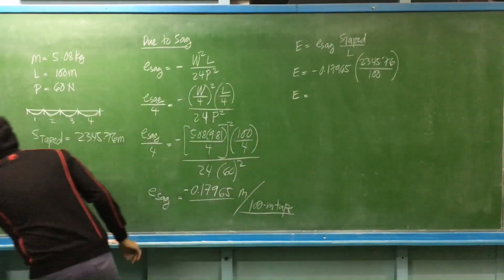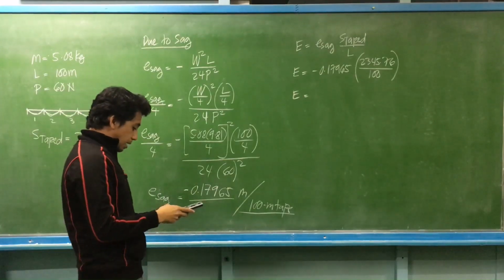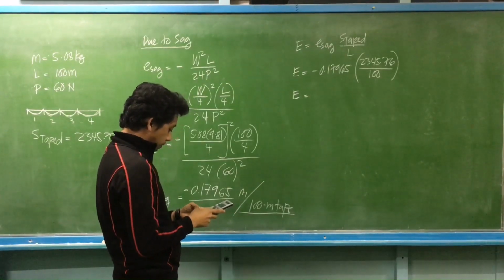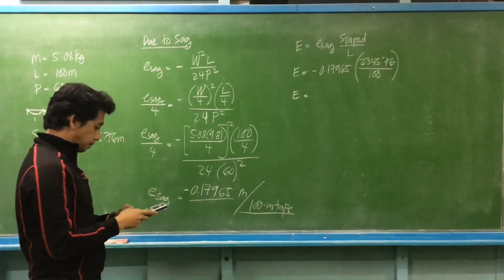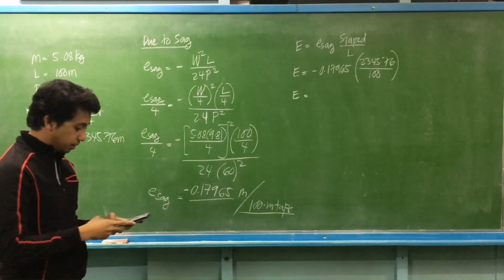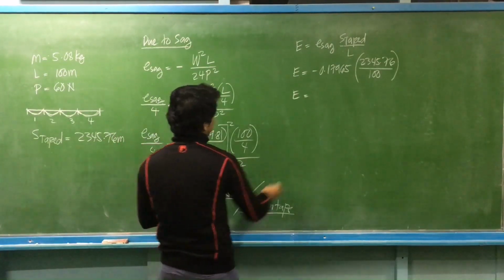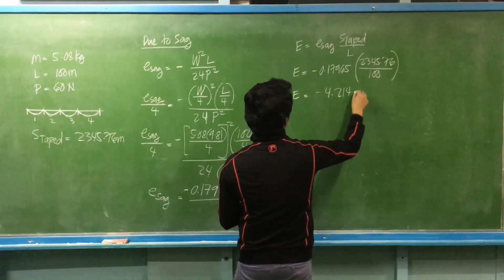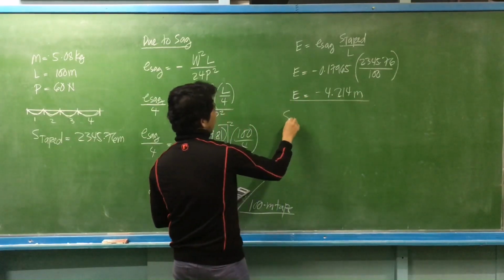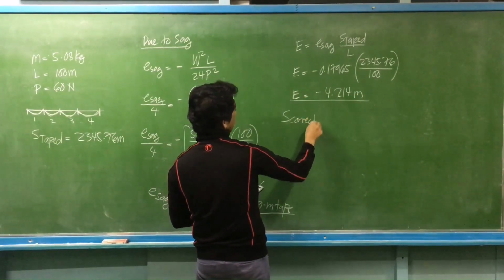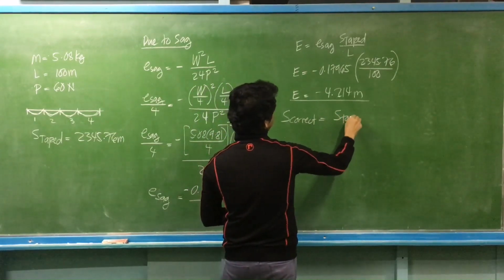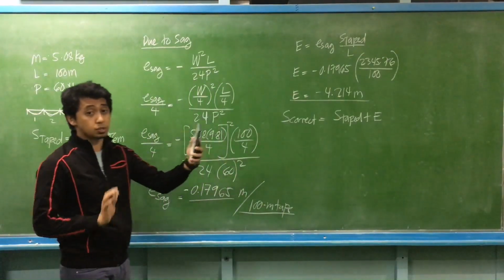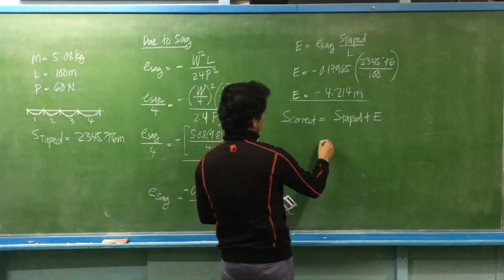So we have, this is multiplied by 0.17965 times 2,345.76 divided by 100. So this is equal to negative 4.214 meters. So to get the correct distance, this is S correct, or the correct distance is the S tape plus the error. But again, the effect of sag is shortening. So, this will be automatically reduced.